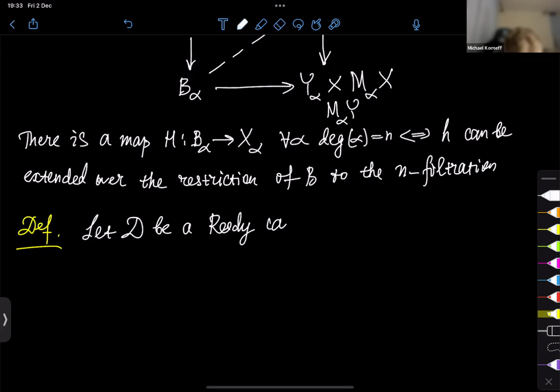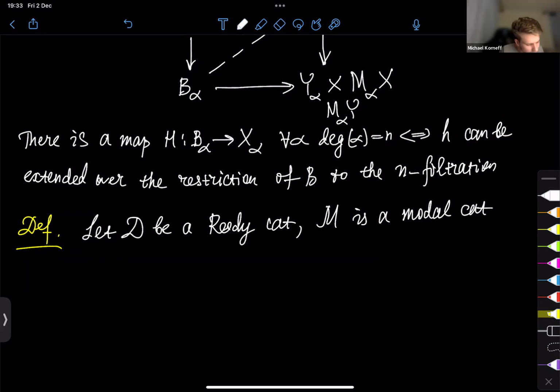Let M be a model category, and we should determine which morphisms are Reedy weak equivalences, Reedy cofibrations, and Reedy fibrations.